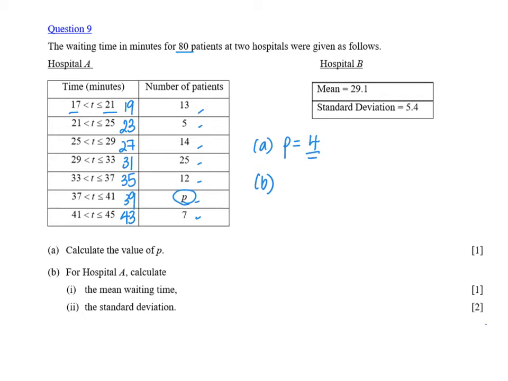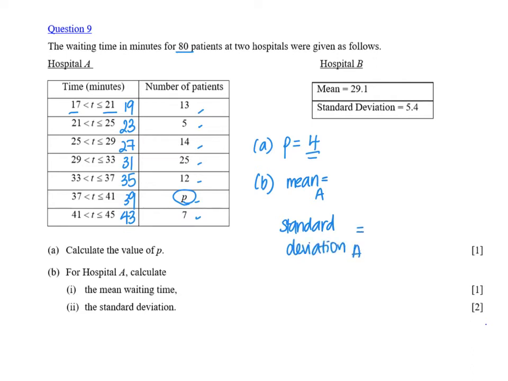Okay, now let's find the mean. In this case, we can use our calculator directly to work out the answers, for the mean of hospital A, and at the same time the standard deviation for hospital A as well.